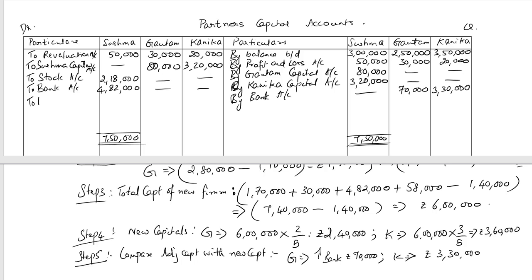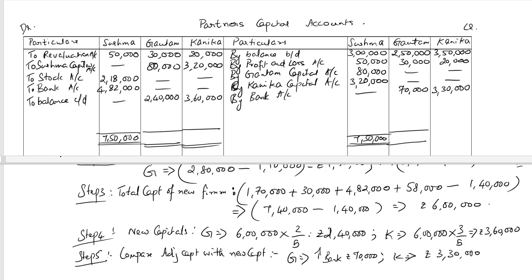We'll insert the balance of capitals, the new capitals of the partners, to balance carried down. As per step 4, in the case of Gautam, it's 2,40,000 rupees. And in the case of Kanika, it's rupees 3,60,000. Both sides tally, then we know our arithmetic is correct.